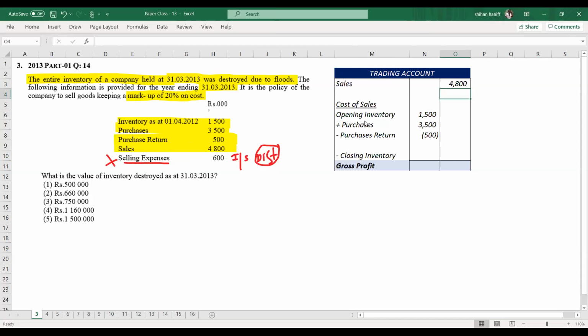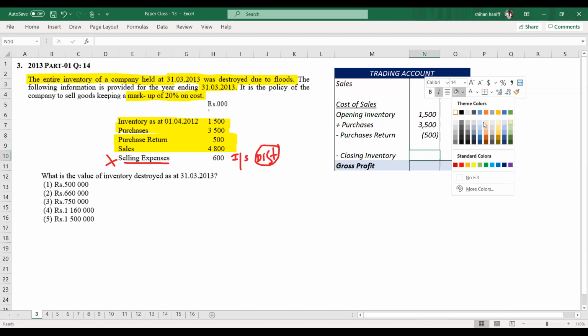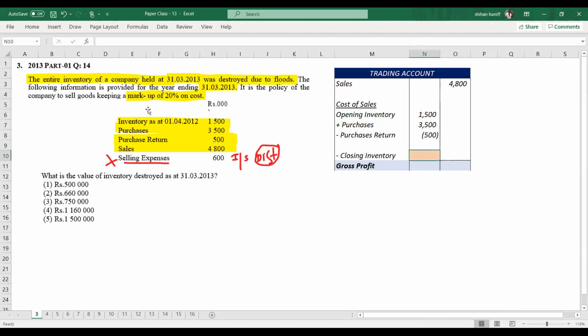But in most of the questions, they give an extra transaction to confuse you, so don't get confused. Don't take these values. What is the value of inventory destroyed? We need the closing inventory. I'll give 2 minutes. Can you tell me how much is the closing inventory?